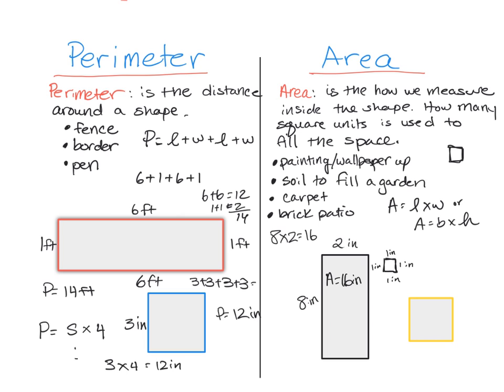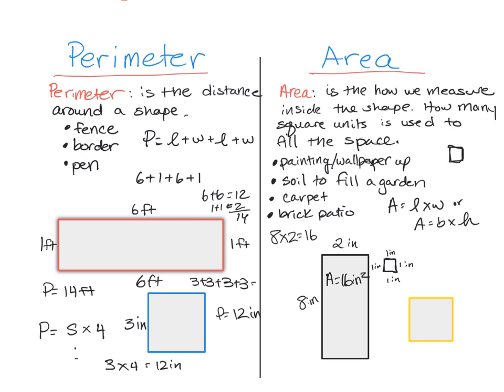If I had said feet, each box, even though it's small, would be a foot on each side. So we say this is a square inch. You could say it's a square foot, square meter, whatever unit we're using. So that's what it means when we're filling these boxes with squares. That's what it means when you see inches squared or feet squared.